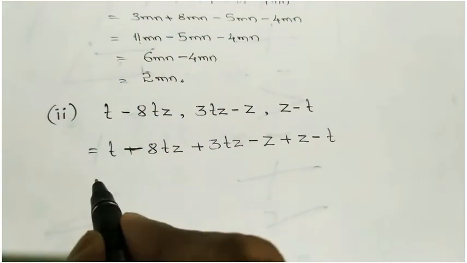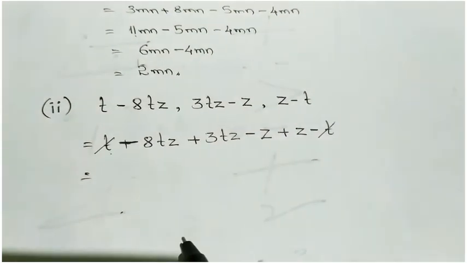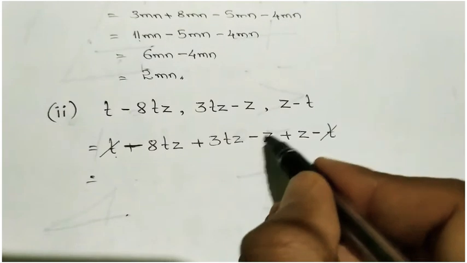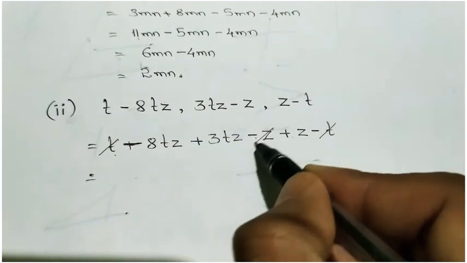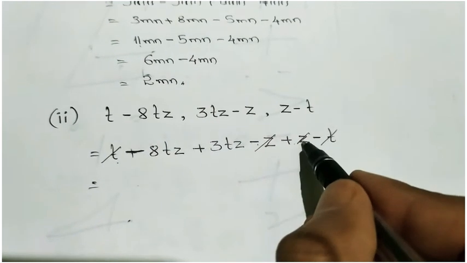Okay, see here t minus t get cancelled, t minus t you will get 0, and minus z plus z, they are also opposite sign with same term, so they will also get cancelled.